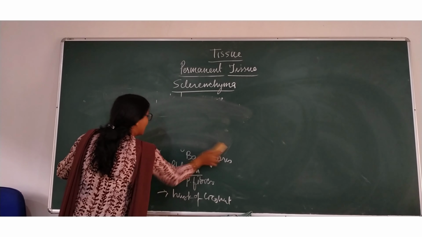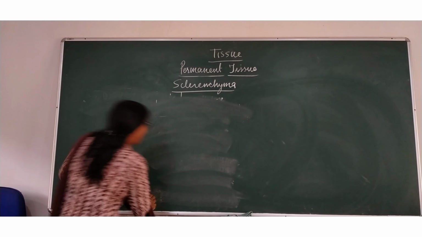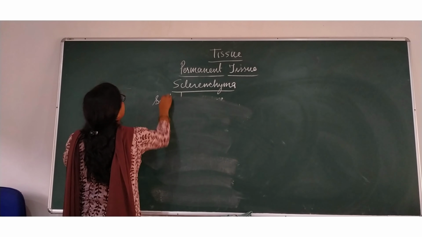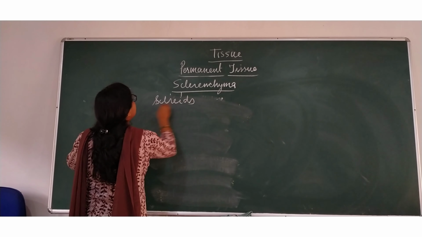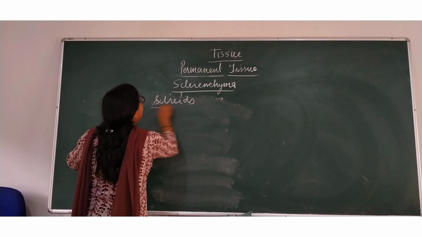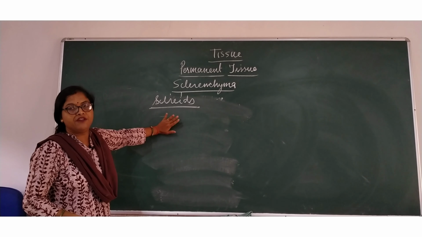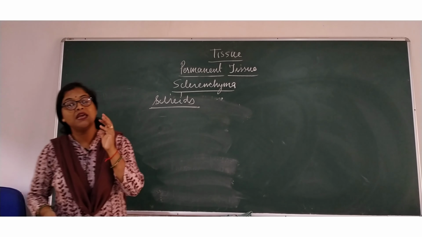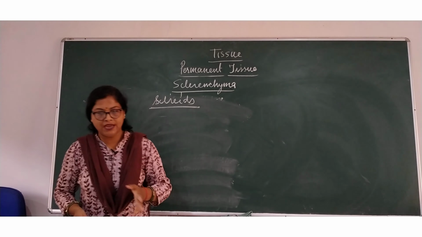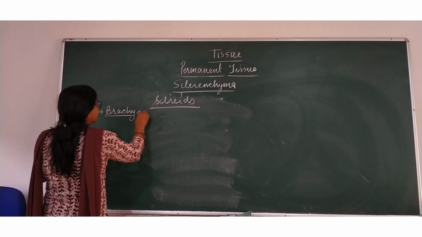Now let us know about sclereids. What is the location of sclereids, how many types are there, and what is their function? They are of different types as per their shapes, structure and location. The first one is called brachysclereids.